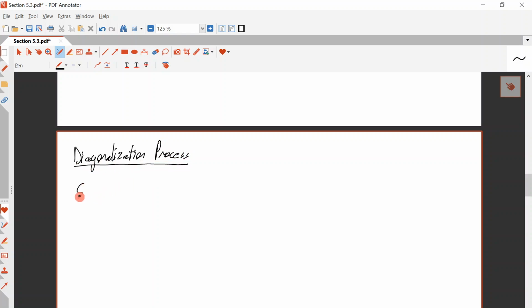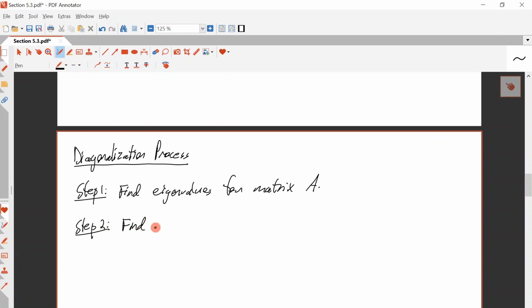Step one, find the eigenvalues for matrix A. Step two, find a basis for the eigenspace of each eigenvalue.